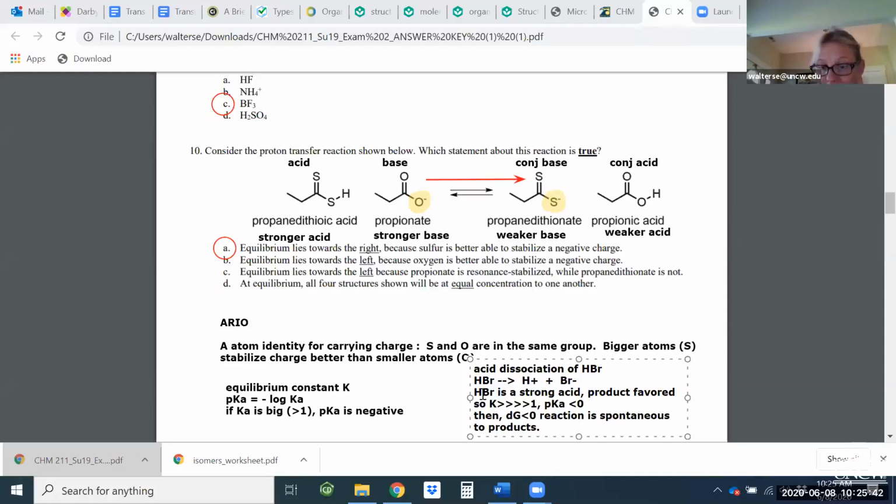But that's just acid dissociation. This is essentially comparing relative strength when you have multiple. You could do this with water and do the same sort of analysis, but with strong acids, if you remember the 7 strong acids and you know they're product favored, then K is huge, pKa is negative, delta G is negative. Okay.